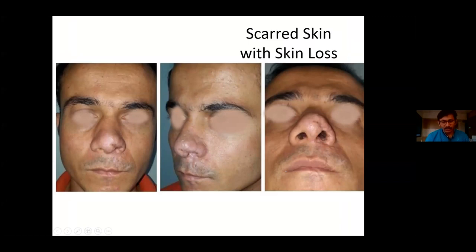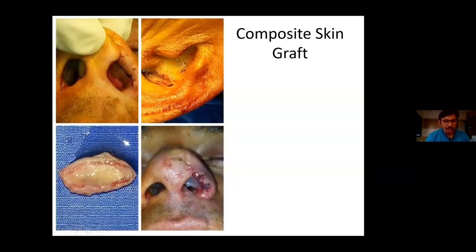So in this case, I had to take an incision inside and reflect the skin outside. And then I went for a composite graft. A composite graft is taken from concha, consisting of a skin and a cartilage, which is more in size as compared to the skin. This was then inserted at the defect and sutured back.